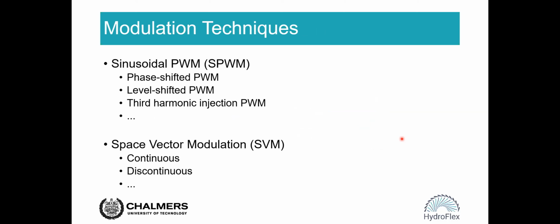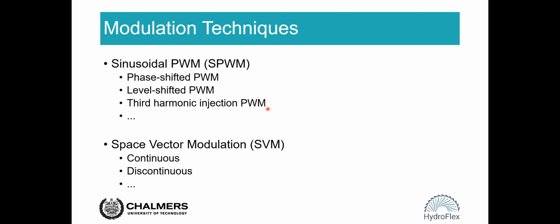So the modulation techniques for converters can be divided into 2 categories: the sinusoidal PWM and the space vector modulation. For the sinusoidal PWM, especially for the multi-level converter, we can have phase shift PWM or level shift PWM.